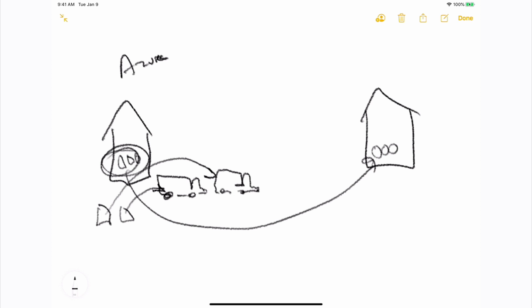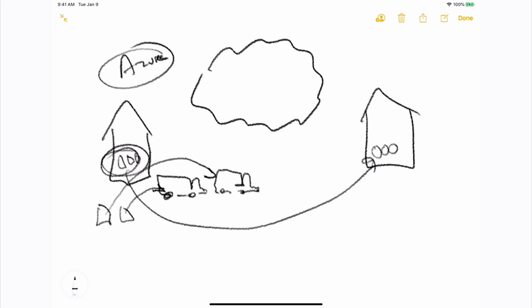So one of the cool things you can do, let's say with Azure, is move your instances of operating systems up to the cloud and then move them back again. Let's say we're doing this move in the Azure world. We could move the instances of our servers up to Azure.